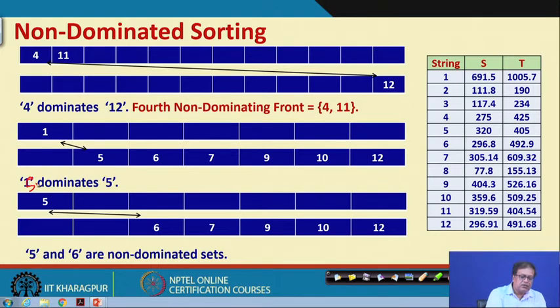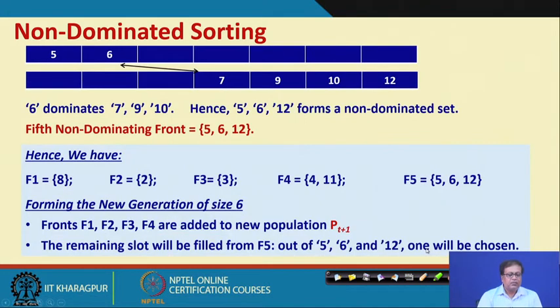So, just opposite, 5 dominates 1, then 5 and 6 are non-dominated sets because of their values, and then further we see that 6 dominates 7, 9 and 10. So, we finally find that at this stage 5, 6 and 12 form the non-dominating front, all right.